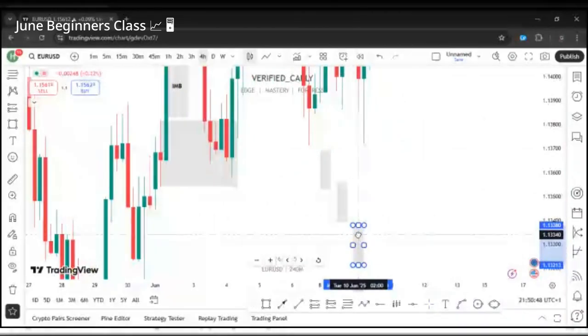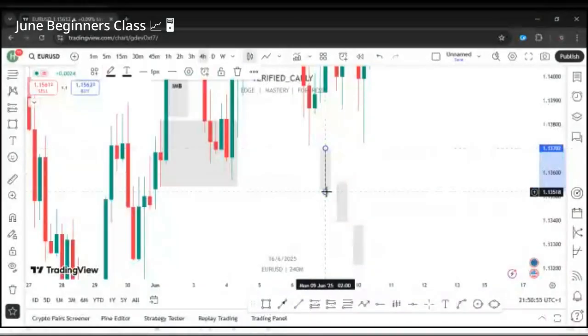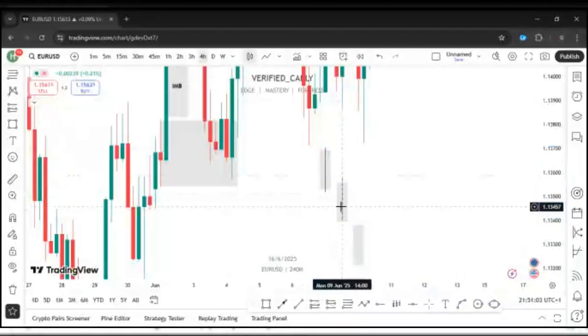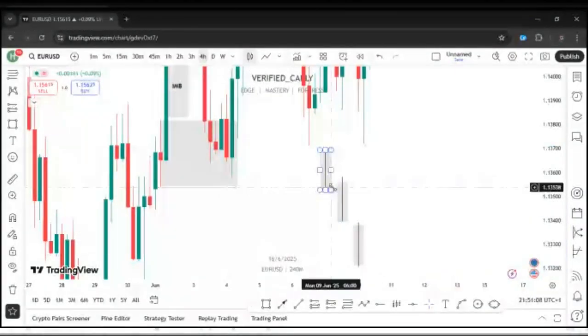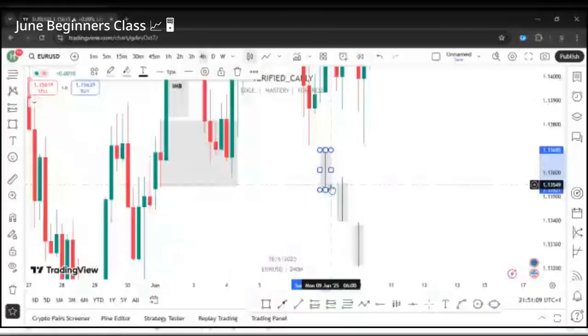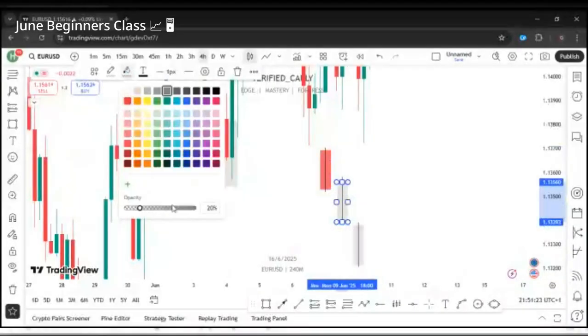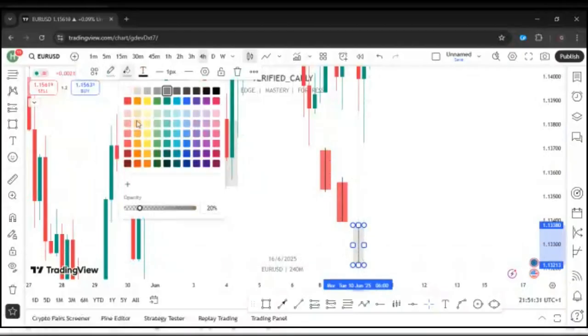Then this is the wick of these three candles. Let's say this is the wick of this candle, and this is red, red, and also red. I'm just using an example for you guys.